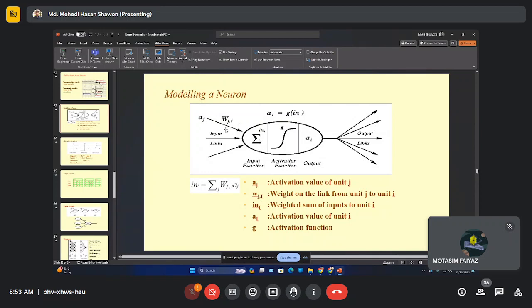Every connection will have some weight, so the weights will be calculated. All the inputs and weights will be summed in this first portion, the input function. Then whatever you sum together will go through an activation function, or we can say the threshold requirement.